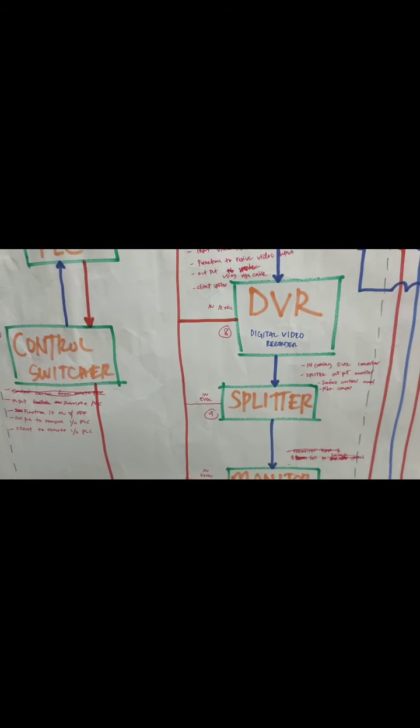The incoming is 5 volt DC, and the input is from the DVR, and the output is to the monitor. The function is to split the video data into other equipment.